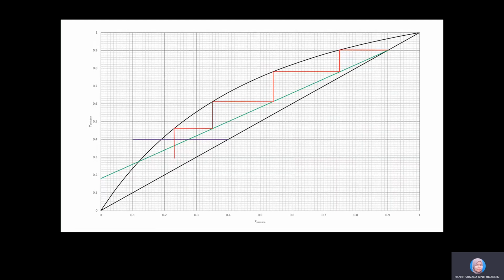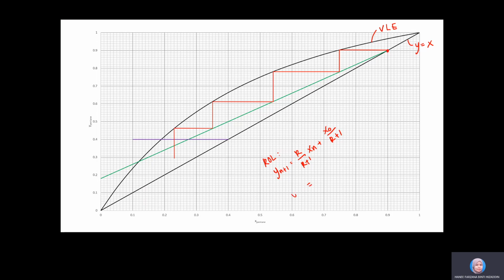Then part B is to calculate the theoretical number of stages. In this case, first of all, again, you draw the VLE. You draw the y equals x line, and then this is your starting point of your ROL. The ROL is y(n+1) equals R over R plus 1 times xn plus xD over R plus 1.